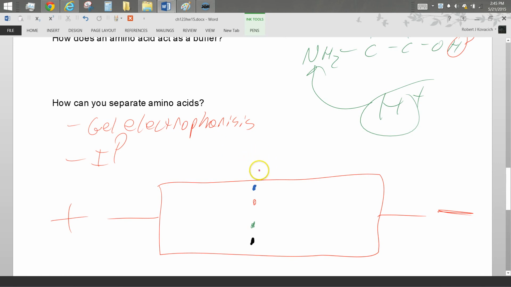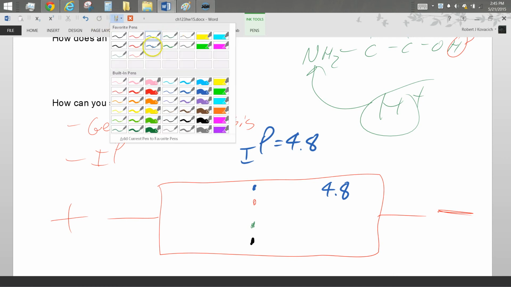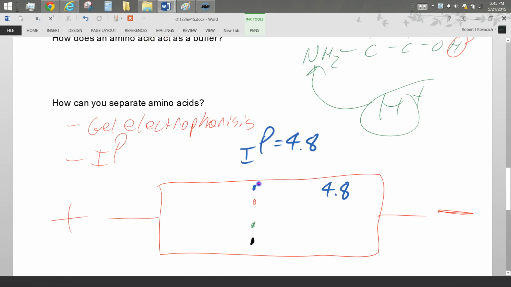And so let's say that for this blue amino acid, the isoelectric point is 4.8, and that's a pH. So let's say I've got this solution and it's at a pH of 4.8. So when I set a solution to an amino acid's isoelectric point, what does that do to the amino acid? Okay, so this one right here has no charge.